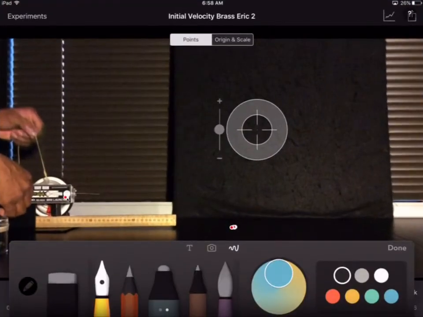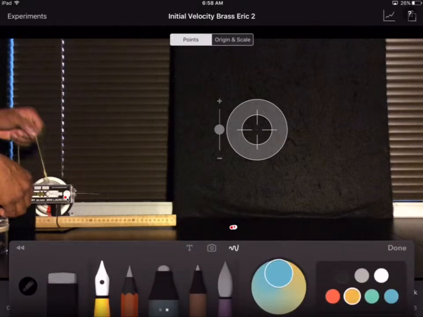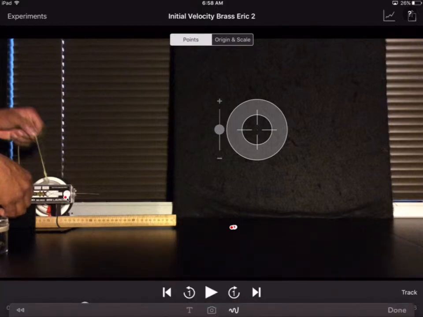Let me see if I can pull up a good picture. This is good. Let me see if I can come up with a better color. Orange seems to work really well. This is x. This position here. These are our initial x's and our initial y's.